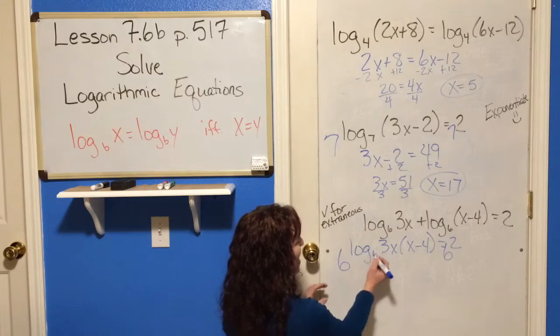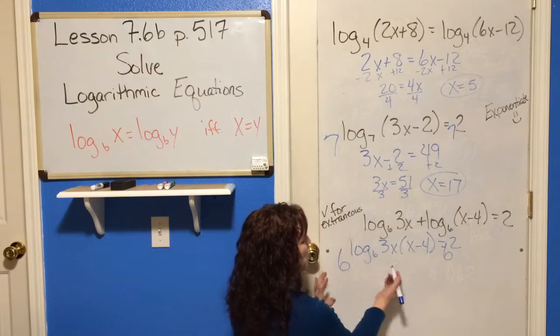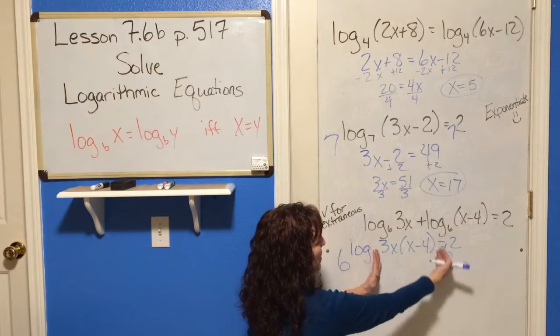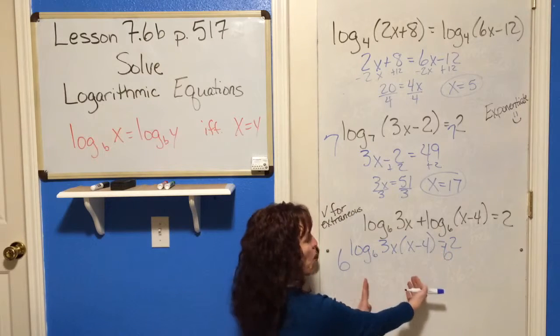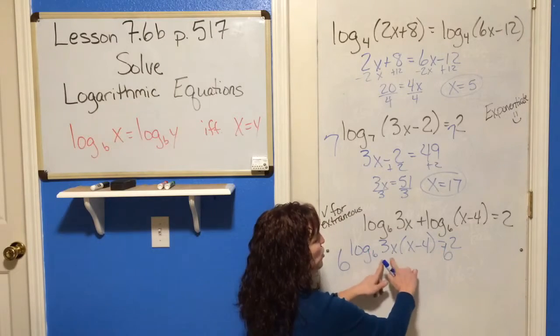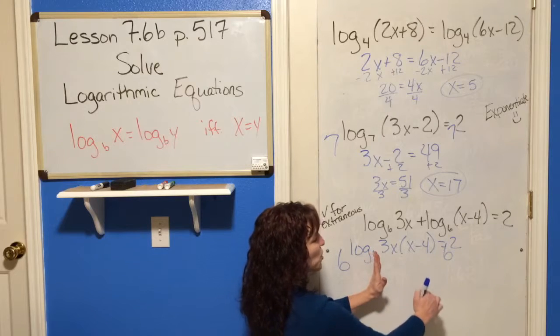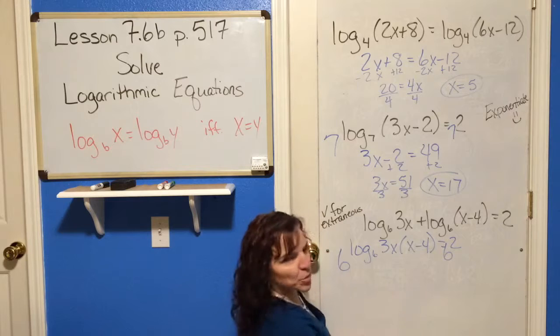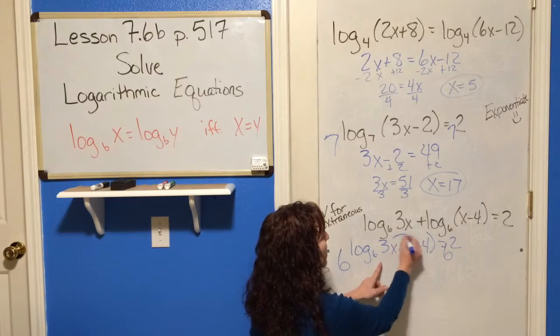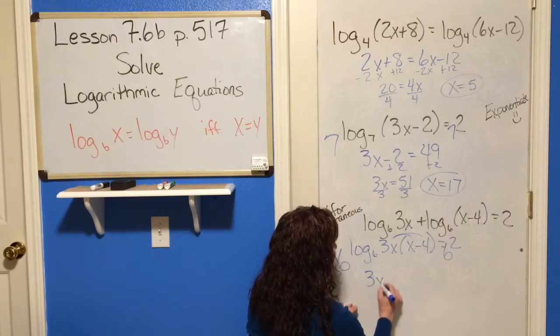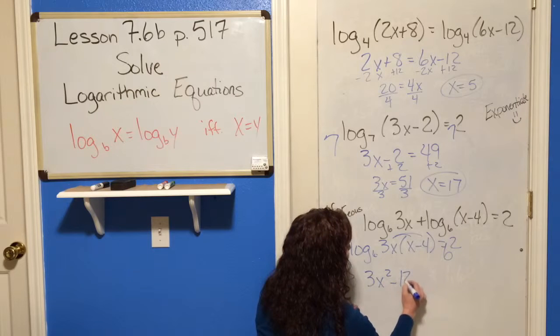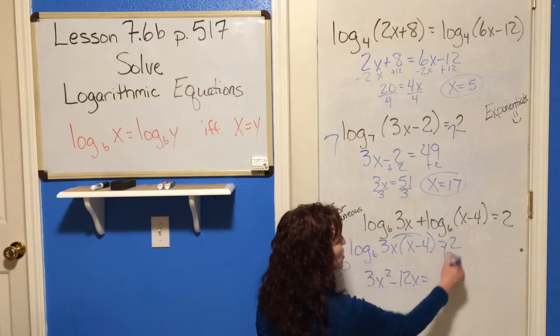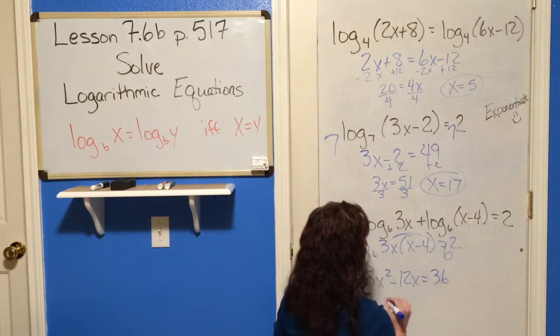Now, because we exponentiated, all this goes away, and we just have this part of the log becomes what we're working with. So let's multiply the 3x through this at the same time. So 3x squared minus 12x equals 6 squared is 36.